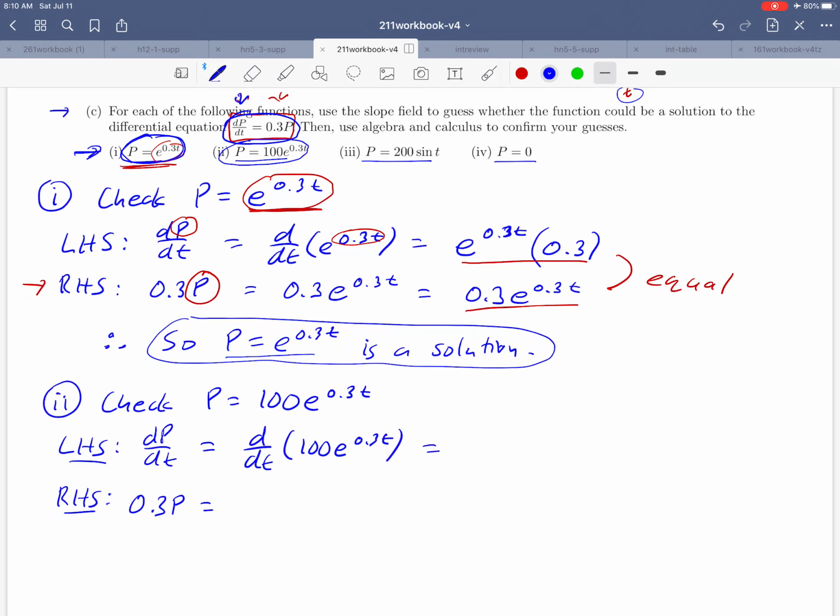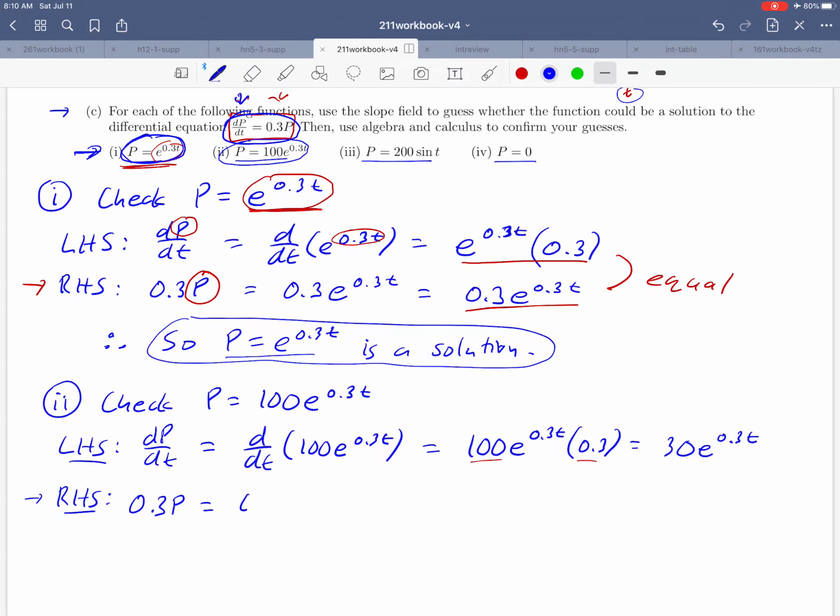If we replace p with 100 e to the 0.3t, what we wrote is asking us to take the derivative of that, so we're going to get 100 e to the 0.3t, and again by the chain rule, we're going to get a 0.3 that comes down. If you simplify that, 100 times 0.3 is actually 30, and then we've got e to the 0.3t. What about for the right-hand side?